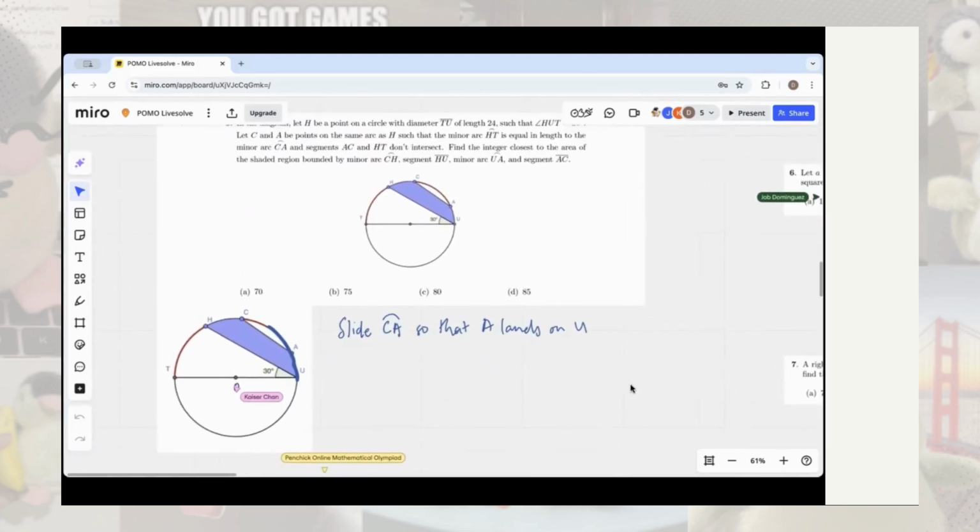Then I'll draw this line. So this is C prime and this is A prime. I'll draw CO, and then I'll also draw HO and CH.